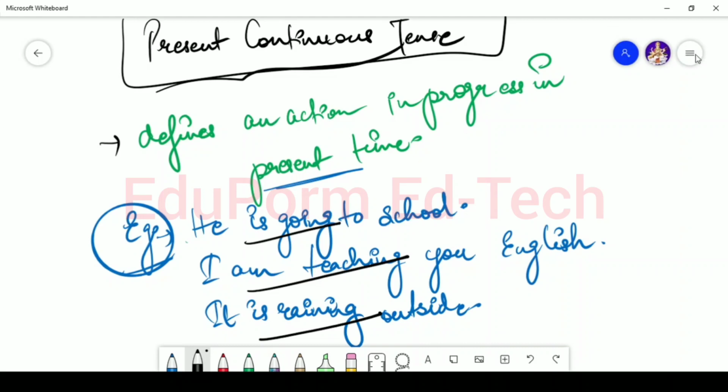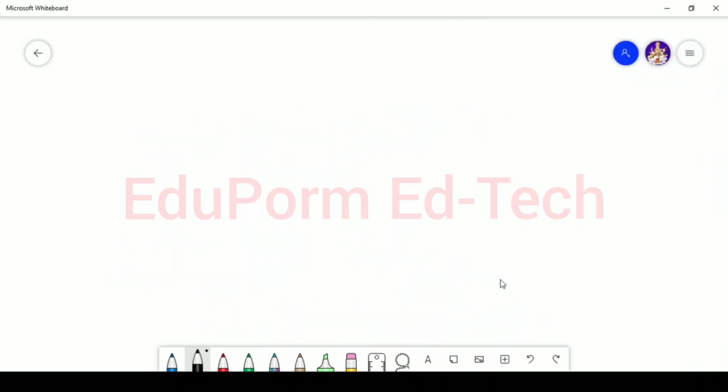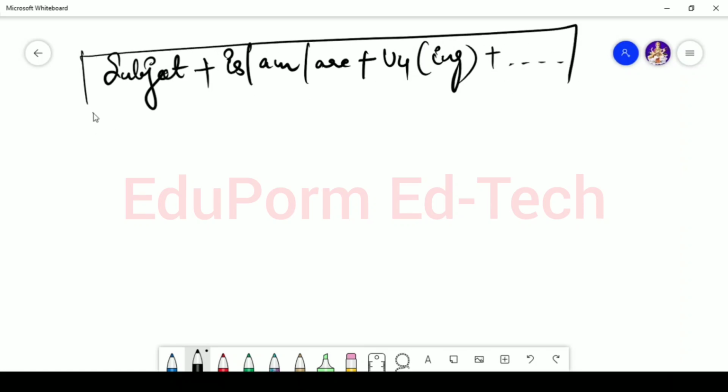Okay. So the sentence arrangement which you will see in present continuous tense. Let's say, if you are given a sentence and you have been asked which form of tense is used in that sentence, you will check if the sentence is arranged in the form of subject, then helping verb, that is is, am or are, then V4, that is the verb form with ing, and then the other content of the sentence.